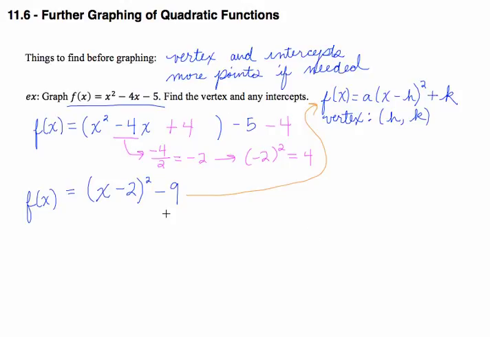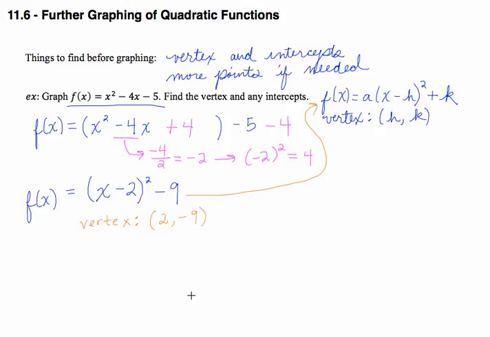So we have now rewritten this in vertex form. We can tell where the vertex is just from looking at the equation. The vertex in this case is h comma k. Notice a is 1, and we have x minus h and this is x minus 2, which means h must be equal to 2. So the vertex is at 2 comma. Now it says plus k, so we do have to include this negative sign with the k.